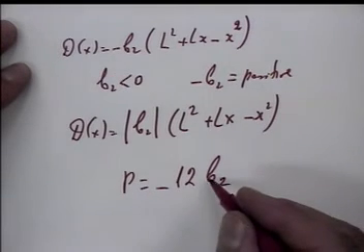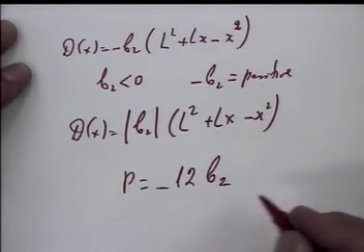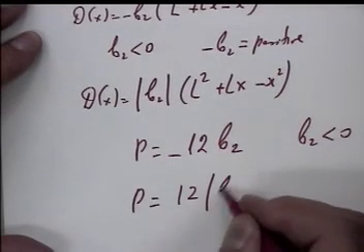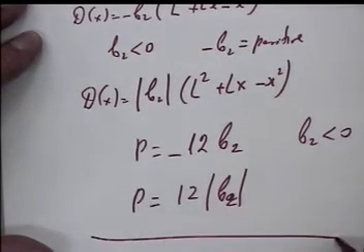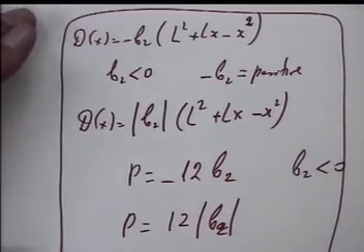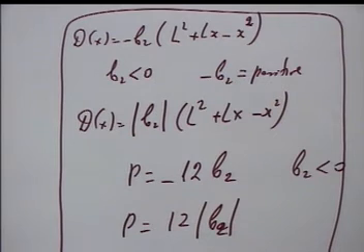So that means that, but B2 is negative. Wonderful. Because B2 is negative, P equals 12 times the absolute value of B2. So there is just one more question left and we are done.